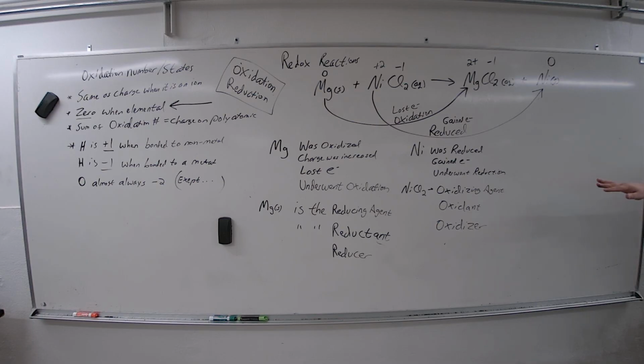So just all this stuff that I just wrote on the board. It is the reducing agent, it is the reducer, it is the reductant. So you just have to pay attention to vocabulary when you get questions on these, rather than going backwards. I think that's useful to look at, and we've done it several semesters ago.